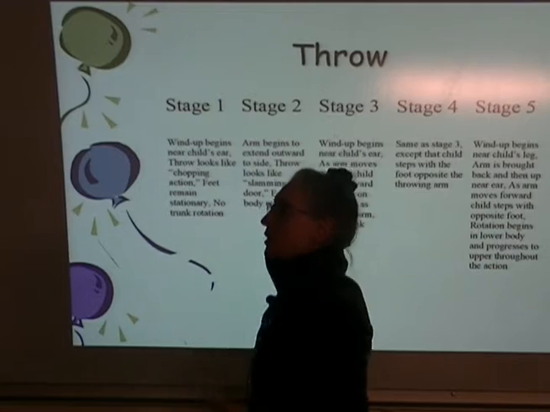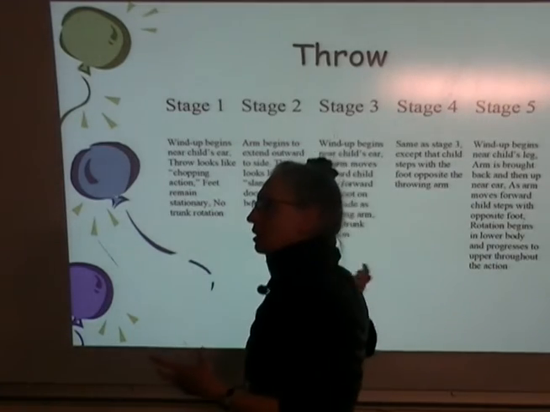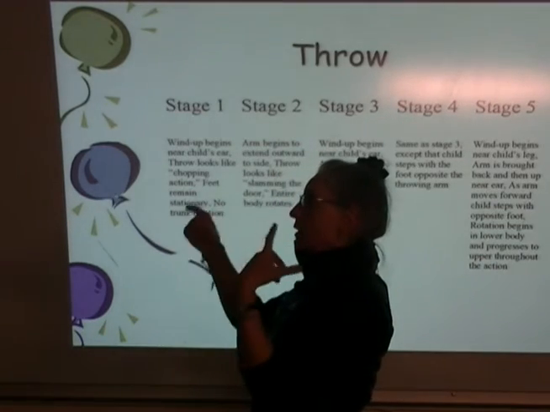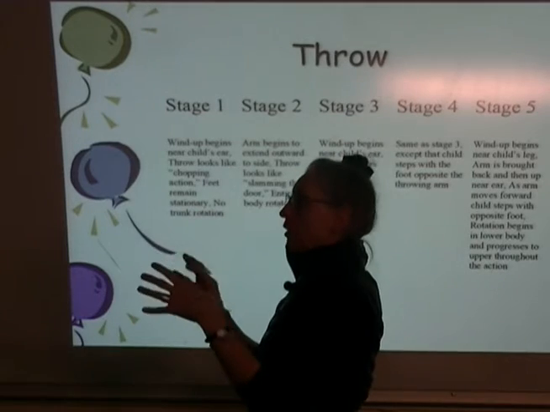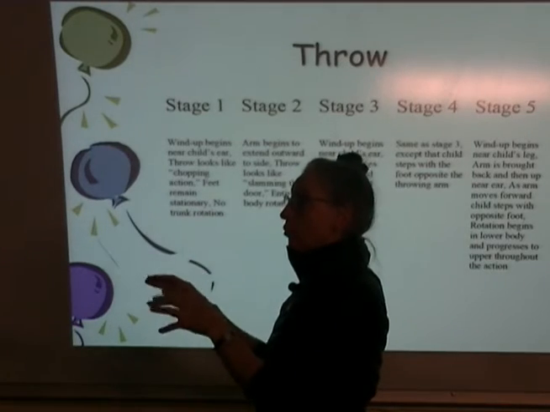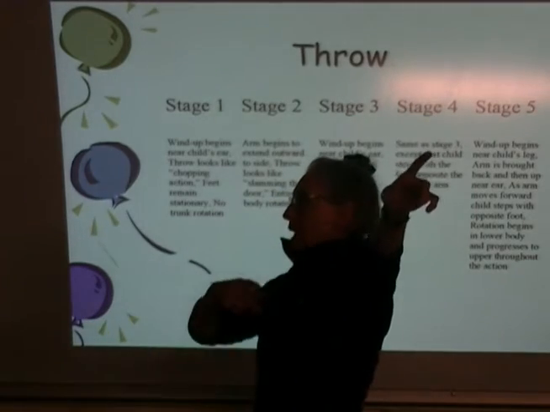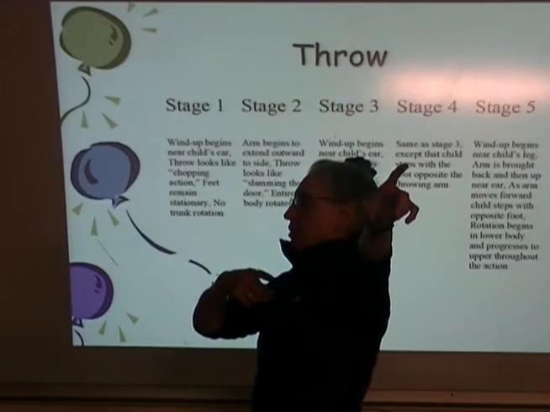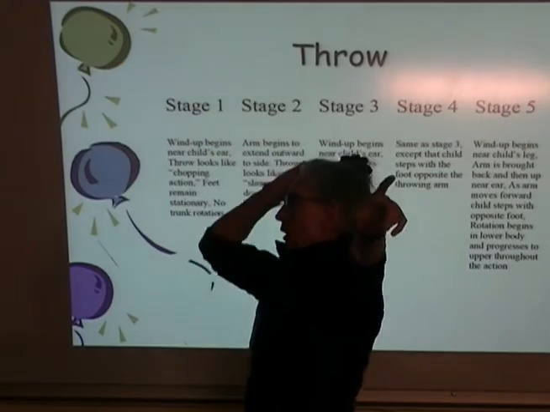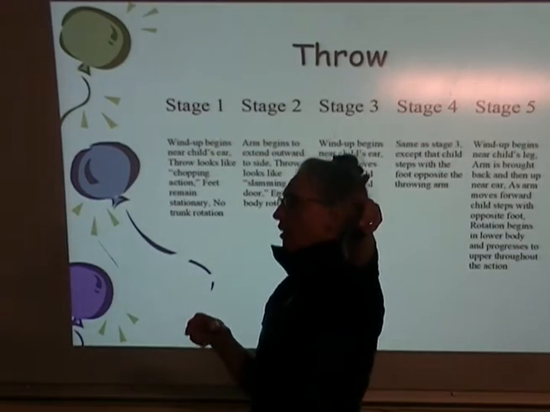So when they're in stage 2, this is the point where you as the adult have to be careful where you stand in relation to the child, right? Because they let go of the ball and it comes flying over there and smacks you in the face, because you were expecting them to throw the ball forward, okay?